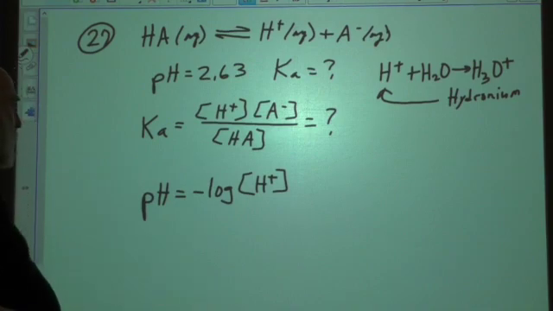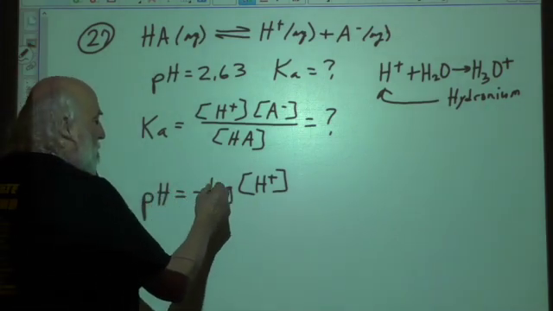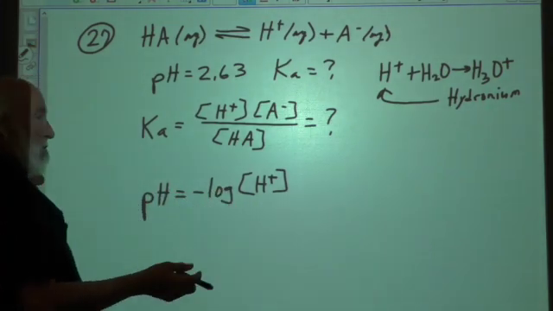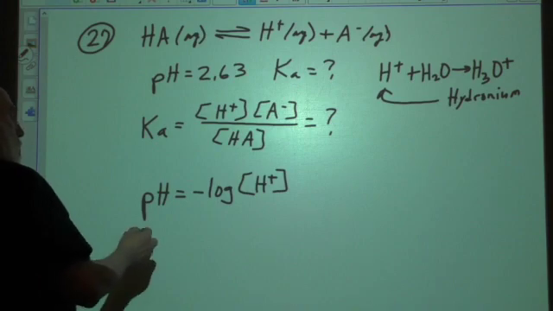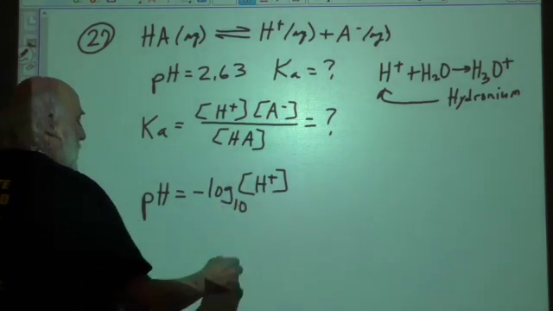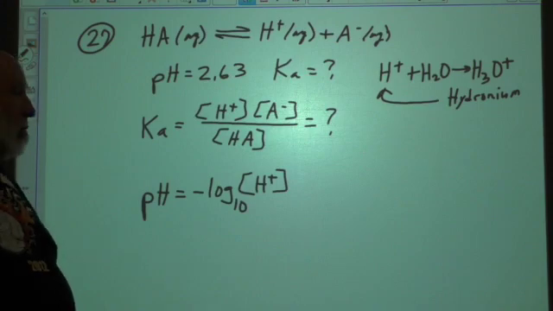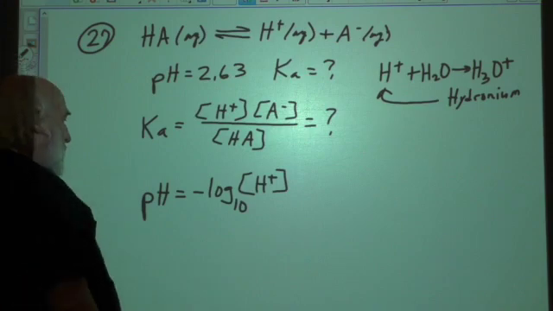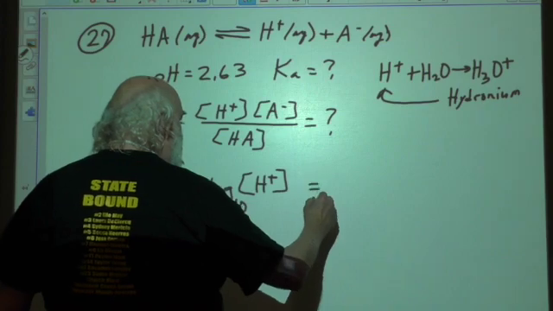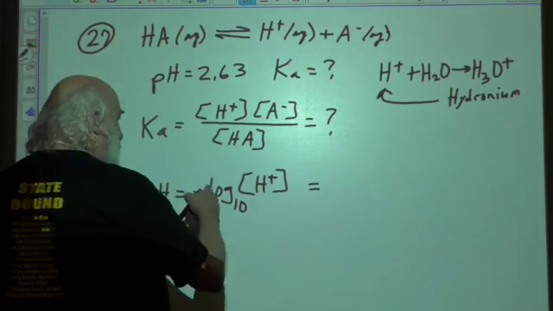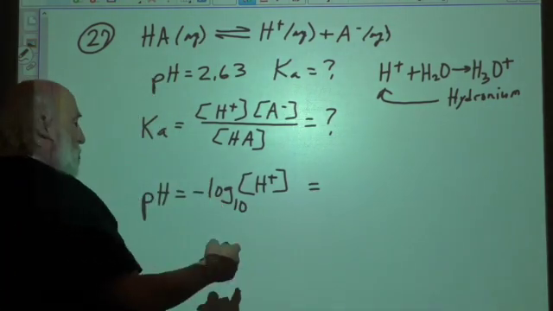Same thing here. Since this means negative log of H positive equals some value, well, we know that the base for this is 10. And I'm going to rewrite this in what we call exponential form. Negative log means negative exponent of 10.